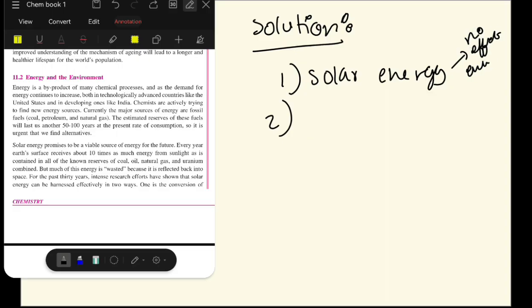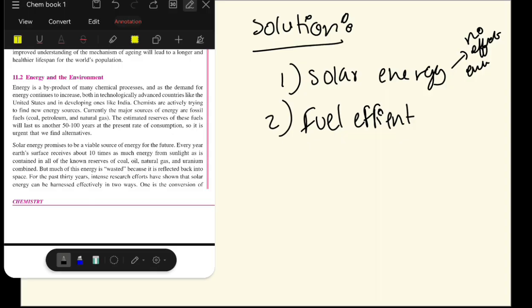The second way is that we can use fuel efficient vehicles or automobiles. What does fuel efficient mean? It means that the emissions given out from the engine will be clean.